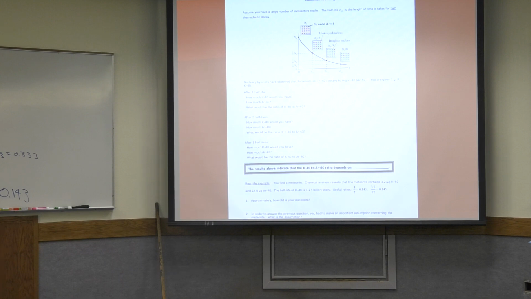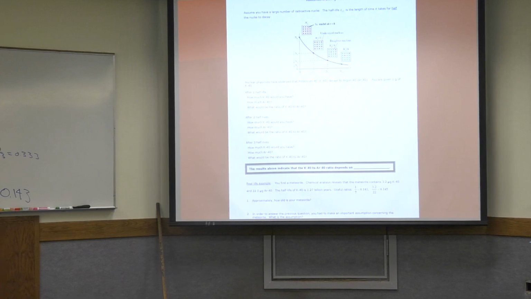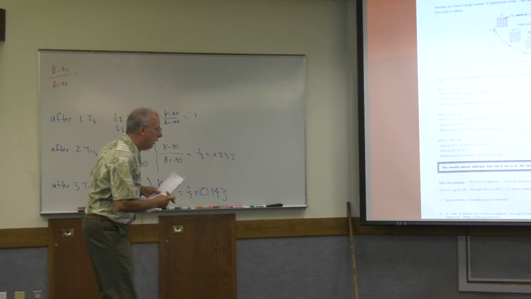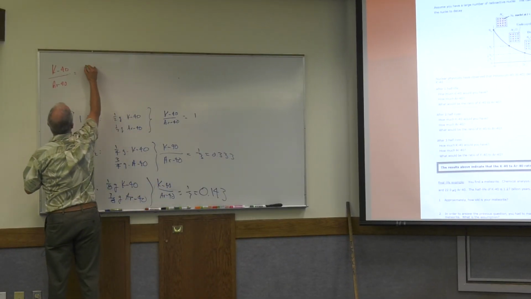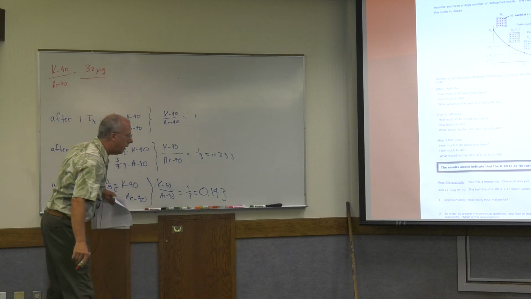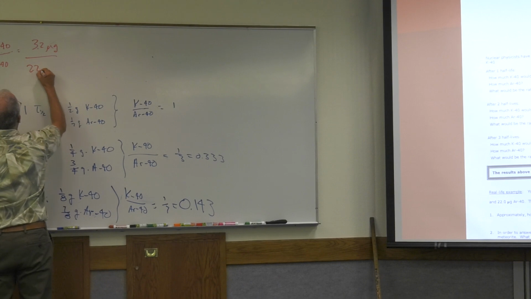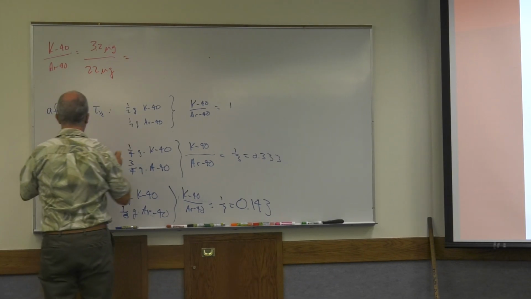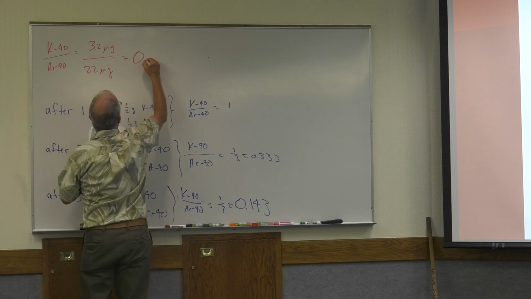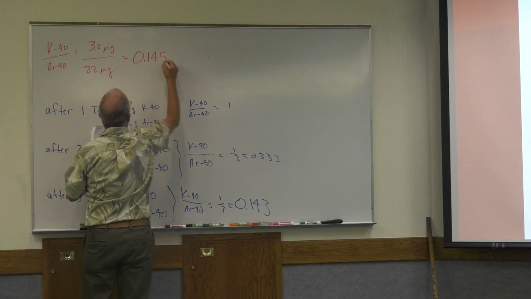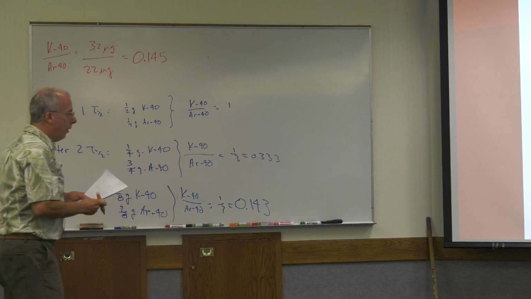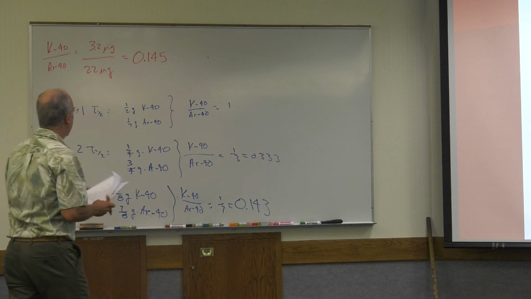So they tell us that the K40 to argon-40 ratio is 3.2 micrograms of potassium and 22 micrograms of argon. So you divide that out and you get 0.145.